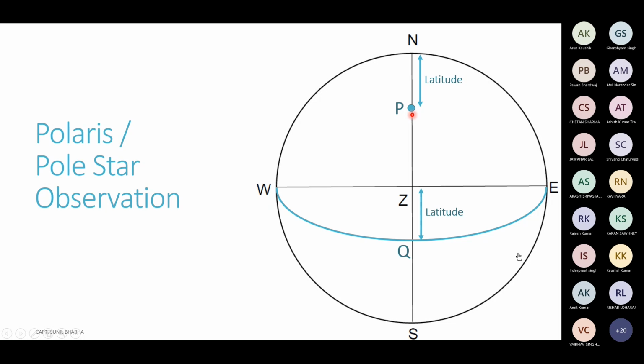So this is the basic concept behind the Polaris observations. We have the Polaris table, or pole star table, given in the nautical almanac, which provides this correction, which can be applied to the altitude of the pole star to easily obtain the latitude of the observer.